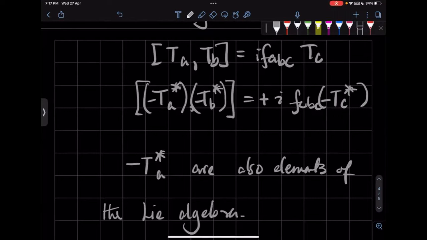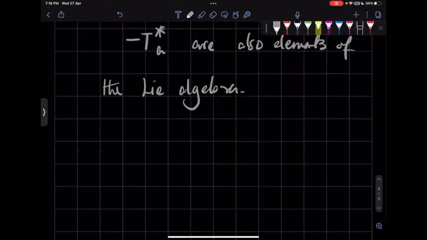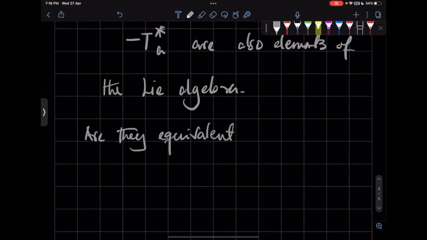Now, the idea is that are they equivalent representations?